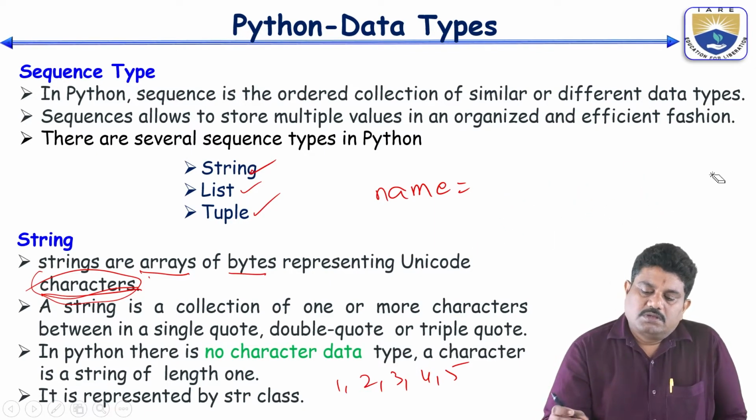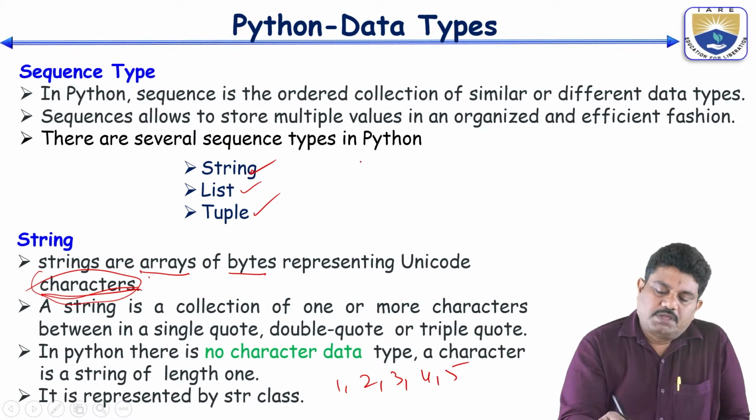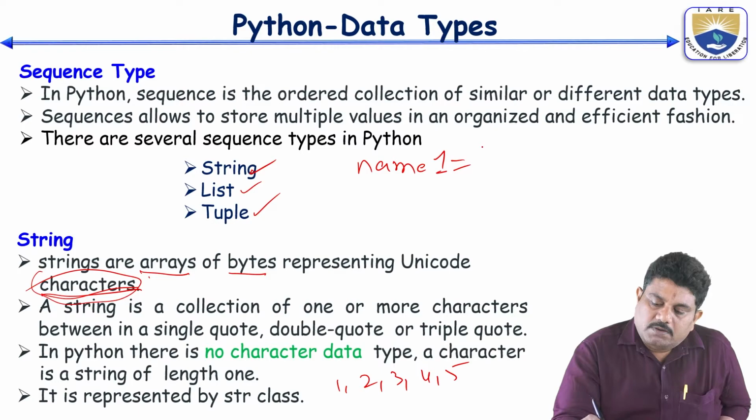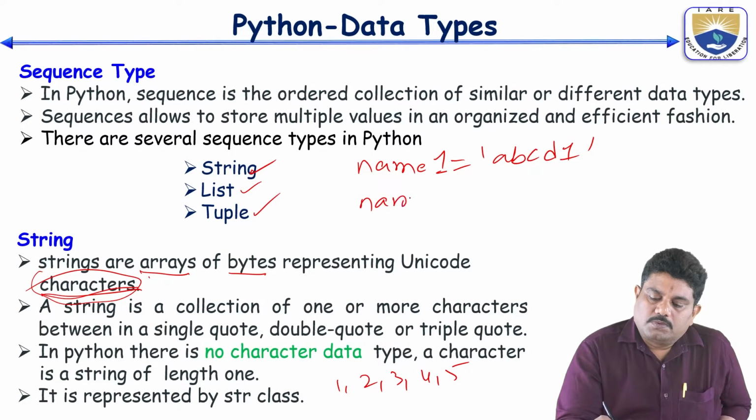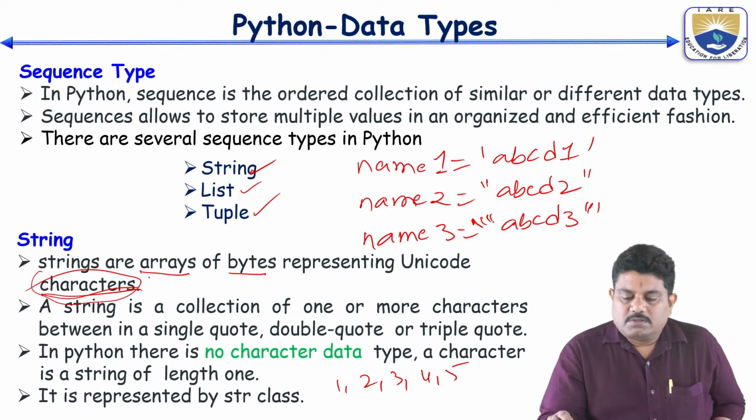Suppose you declare name1 like this: name1 equal to ABCD1, name2 equal to ABCD2, name3 equal to ABCD3.